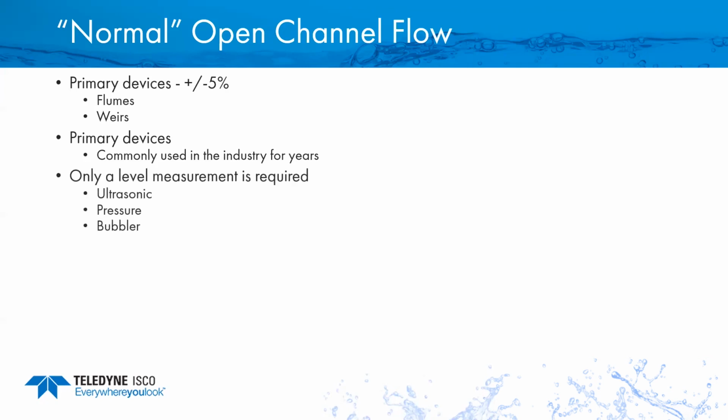When you're dealing with a primary device, there's only one measurement required, and it's important to note that we are not actually measuring flow. Flow is a derivative of another measurement or measurements, and in the case of a primary device, that measurement is level.